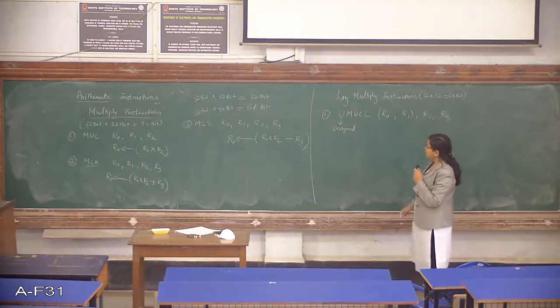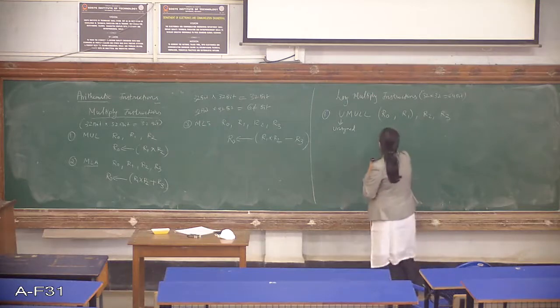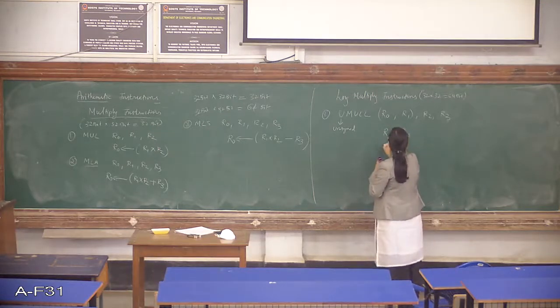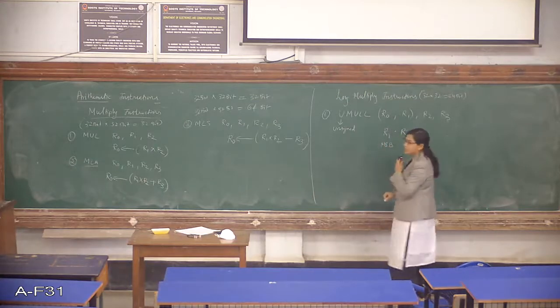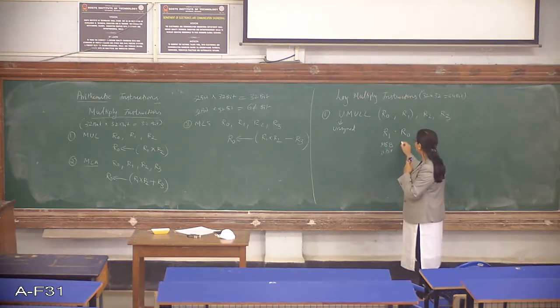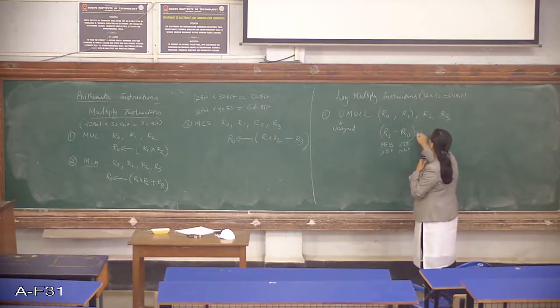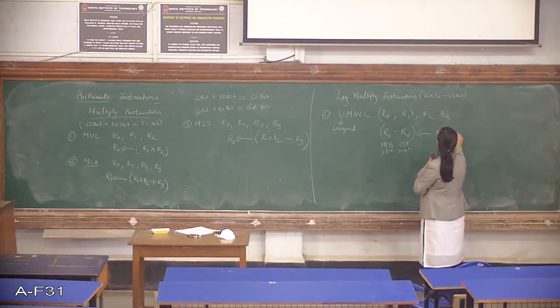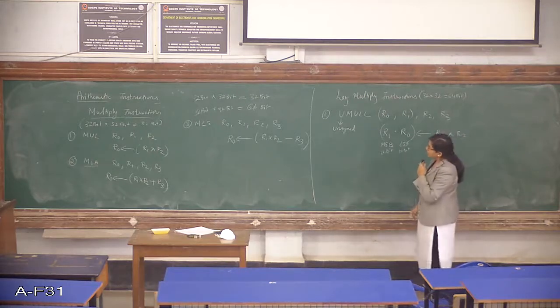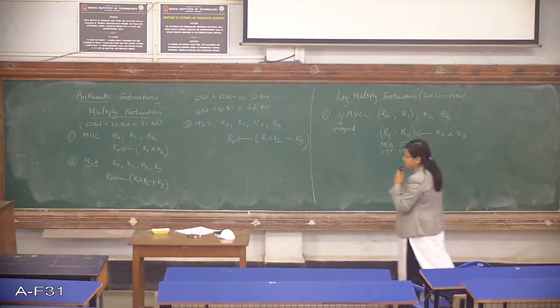Now the question arises, how exactly is the result stored? R1 will have the MSB part of the result, the upper 32 bits, and R0 will have the LSB part. So R1 is MSB, R0 is LSB, and this is the multiplication of R2 and R3. This is the unsigned multiplication. So long multiplication can be done by this instruction.